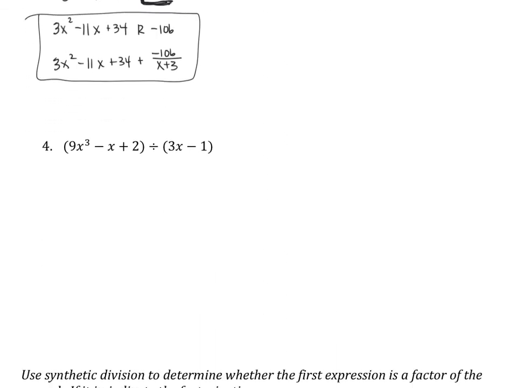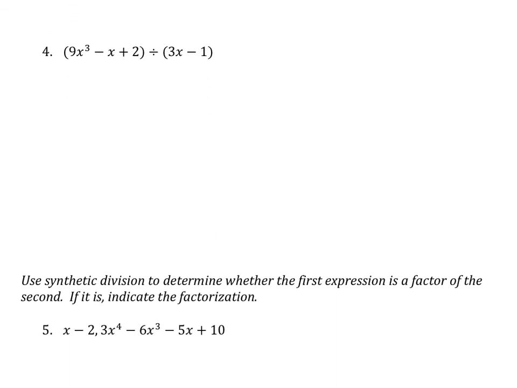All right, number 4. So here we have synthetic division. The first thing we want to do is find the 0 associated with our second factor. But here is the key. To use synthetic division, you need it to be a linear factor with a coefficient of 1 in front of the x.